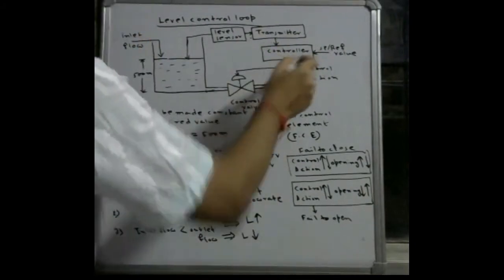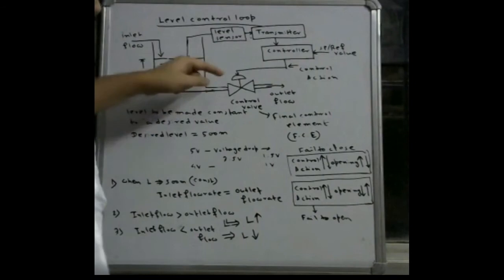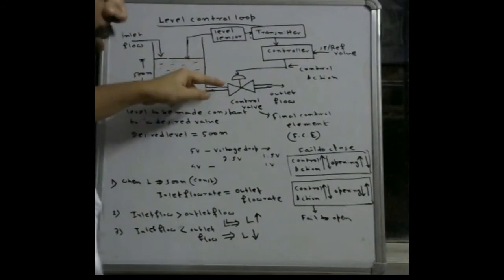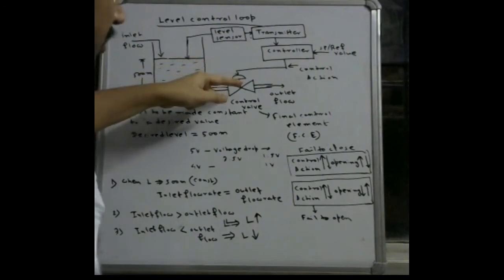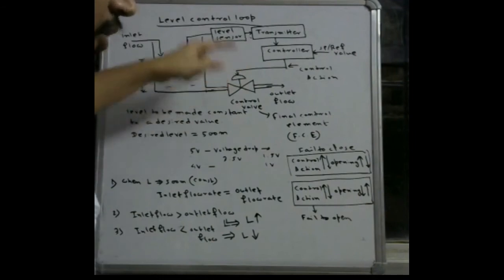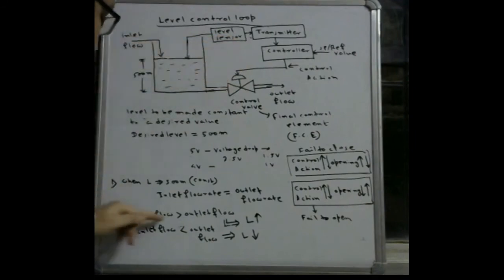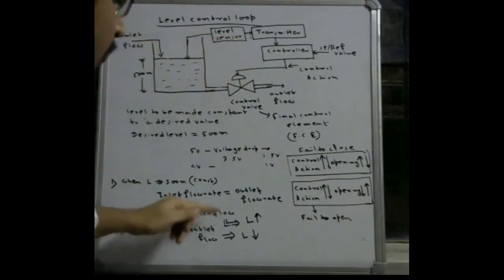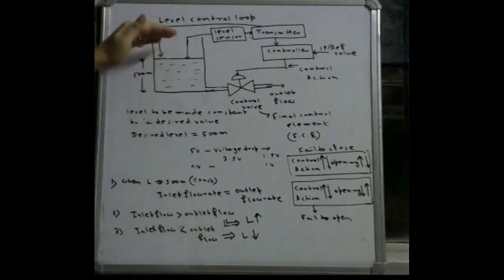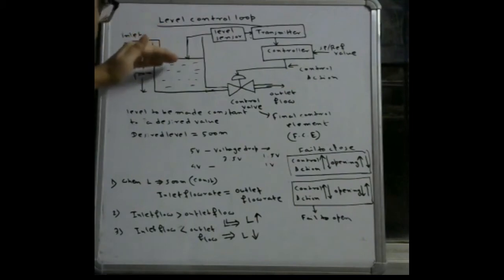As this one is larger, we now have to increase the flow rate. Now the inlet flow rate is larger than the outlet flow rate, so we have to make the level decrease once again to the previous value, 500.